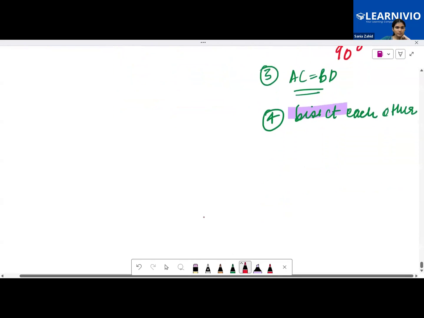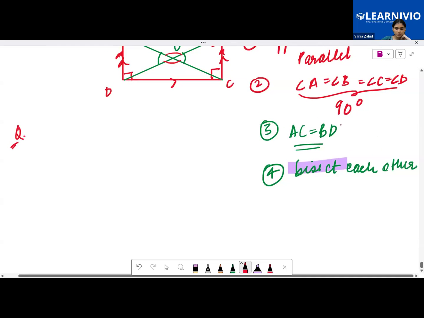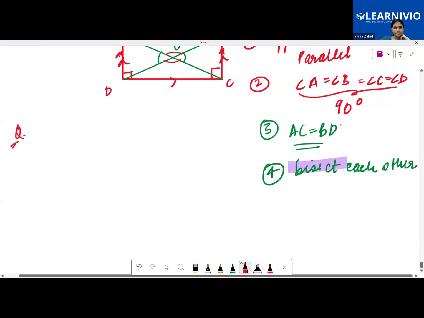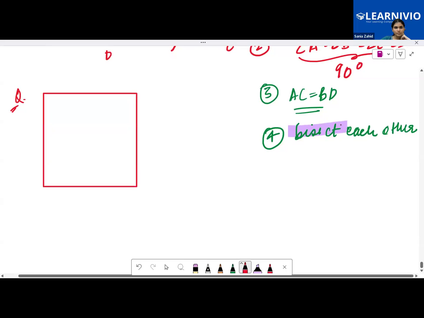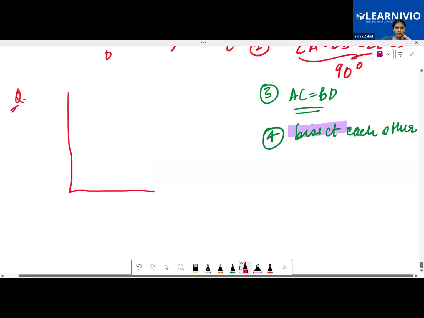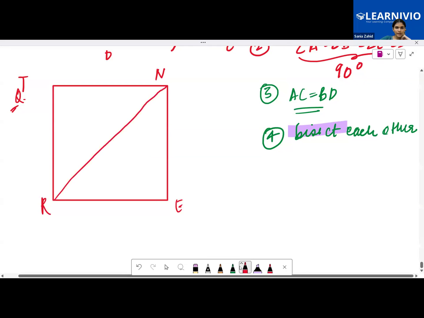I'll give you one question. So this is T N E R. This is one diagonal.